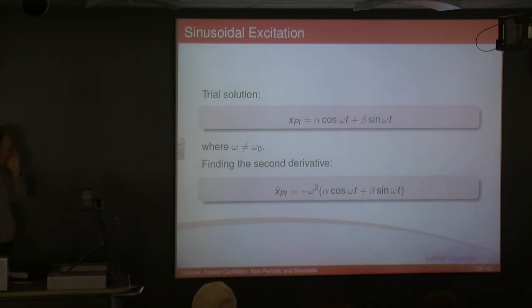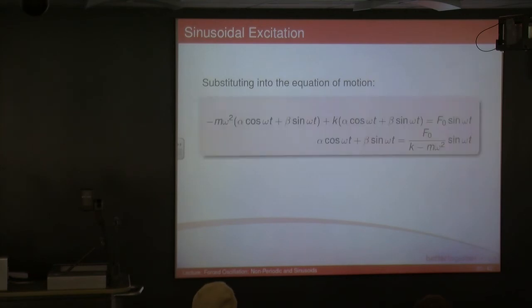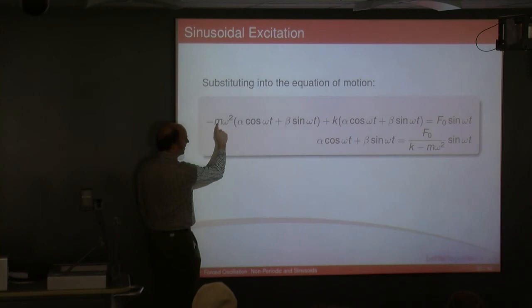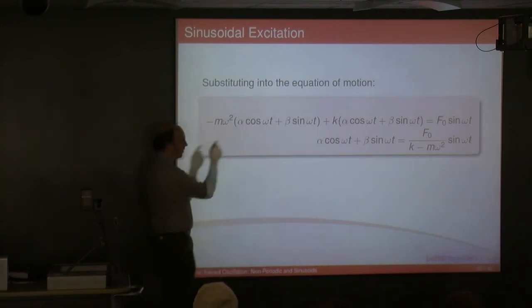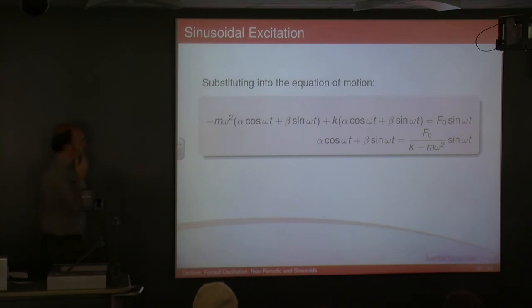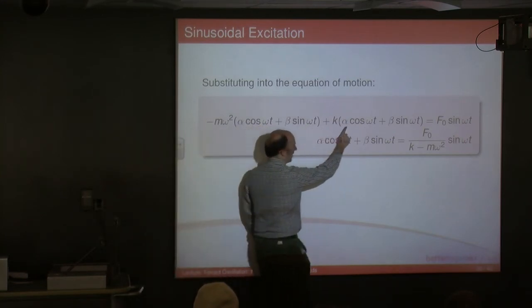Cool. So finding the second derivative, you end up getting that, and then you can substitute it into your equation of motion. So when we had x double dot, we've got minus, and then this term, plus k times x equals f naught sine omega t. What you can see quite clearly is that this term and this term are the same.